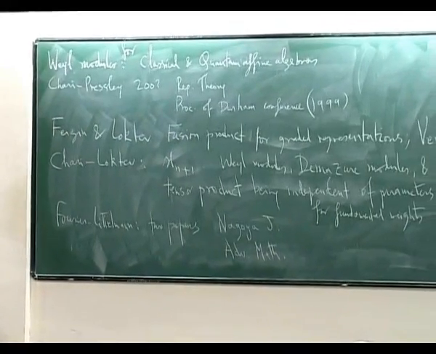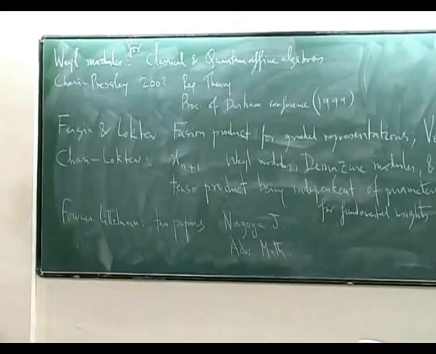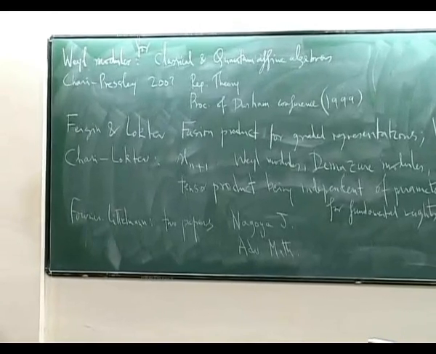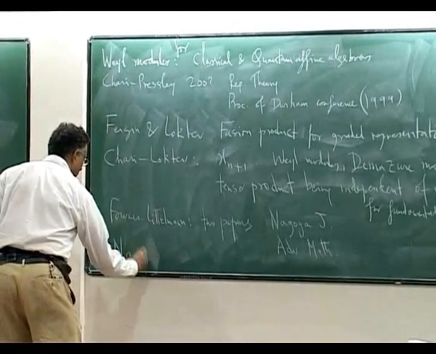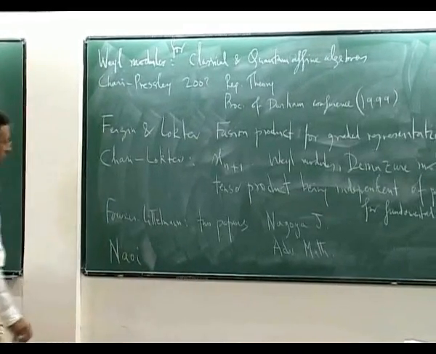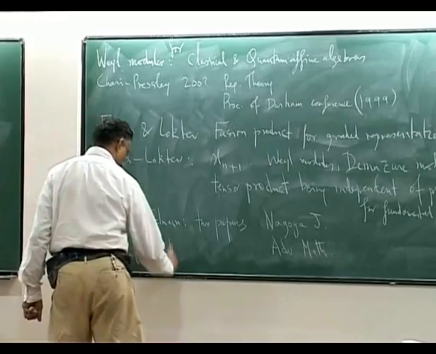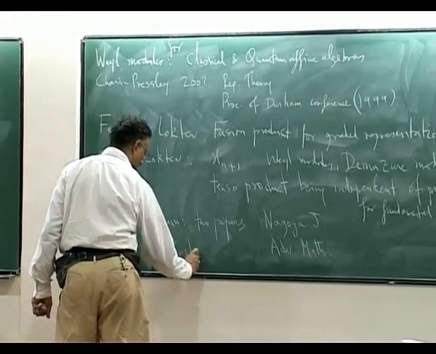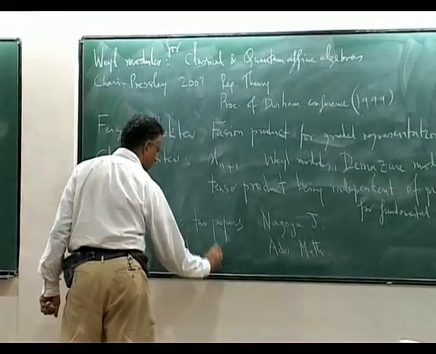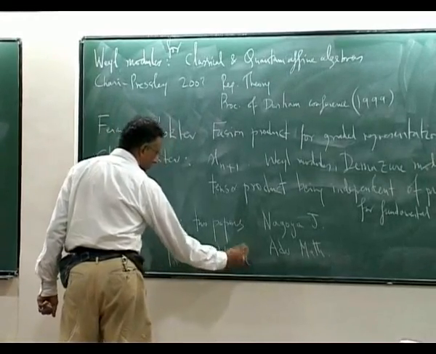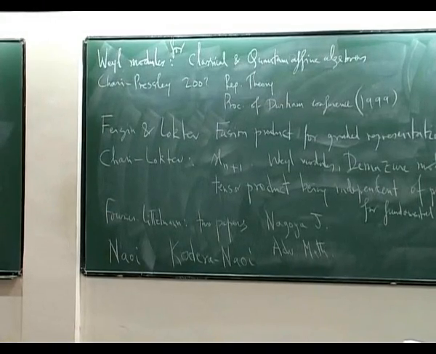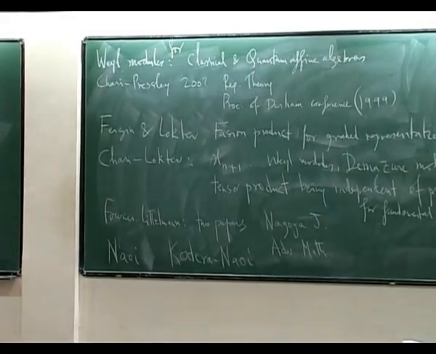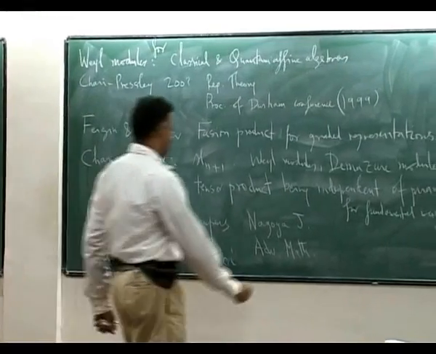And now more recently there are these papers of Naoi, N-A-O-I. So that's all on the web. And another paper by Kodera and Naoi. And they also say something about what Nakajima, so Nakajima always worked in the quantum case, but he had many results over there, and so they also say what it means in the classical case, I think.